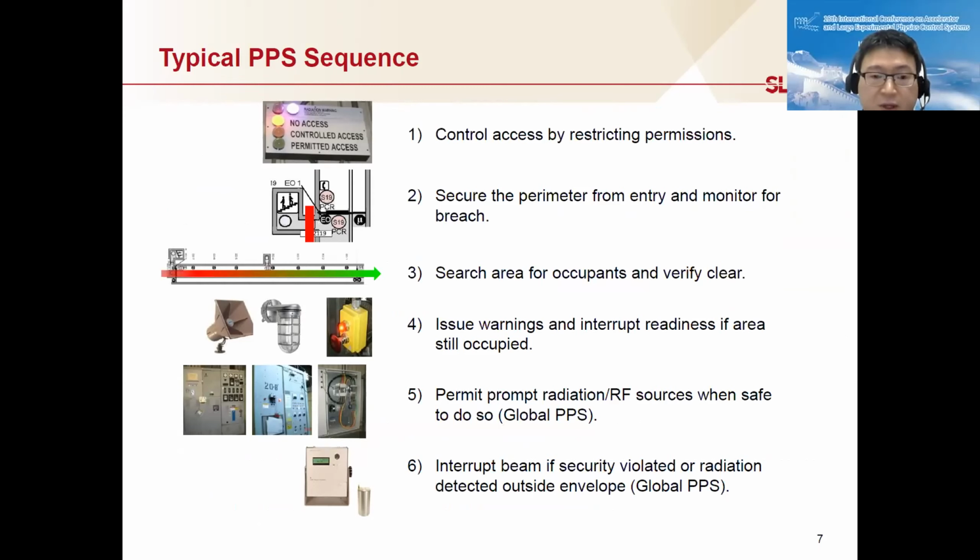Then if everything's okay, we will enable those circuit breakers or the switch gear to allow the operator to turn on this kind of radiation hazard. And then when the beam has turned on, if we detect excessive beam loss, we'll shut off this kind of radiation device.